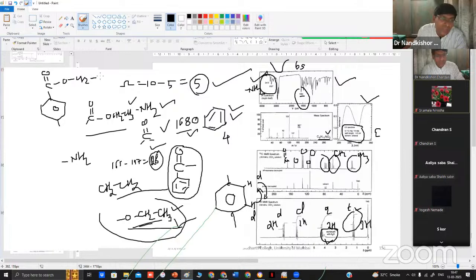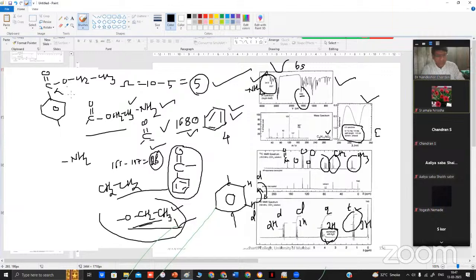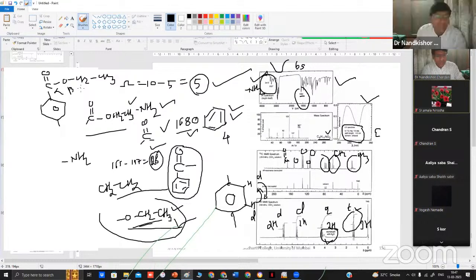So if this fragment is fitted over here, this is your alpha, then the beta, and then the gamma, and so on. So this fragment is possible. What is left is the amino group over here. So there is a possibility of this structure, or it may be the amide to this side and ethoxy group this side, that is ether.